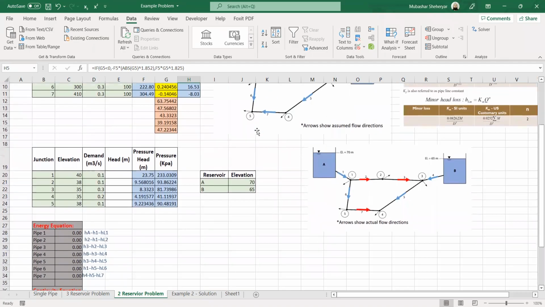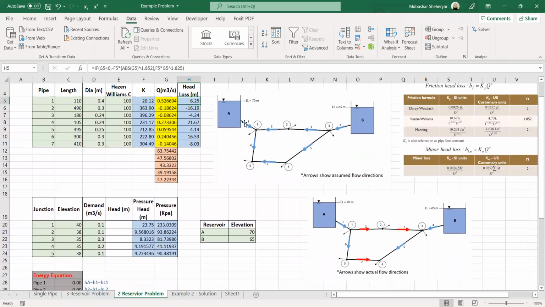To satisfy the energy equation, let's go to pipe 1. It will be equal to the head at A minus the head at 1 minus the losses occurring in the pipe. But first, remember that you have to assume a direction of flow. If you don't know the direction, you can write the energy equation or the continuity equation at each junction or each pipe.